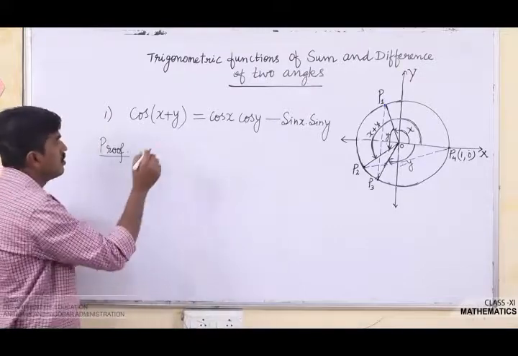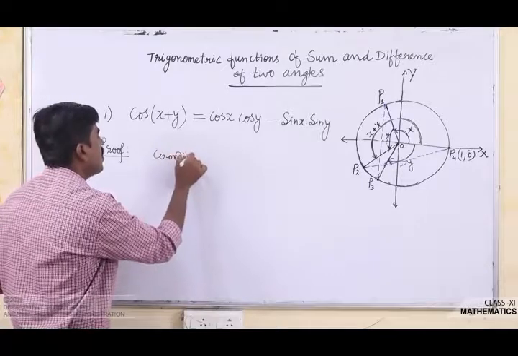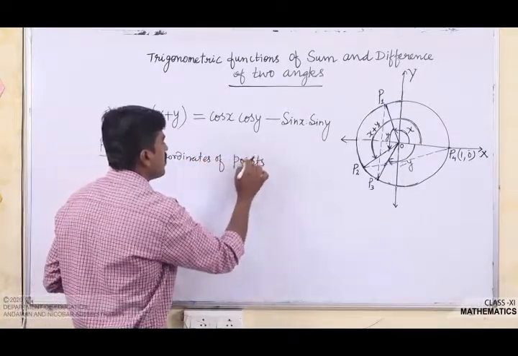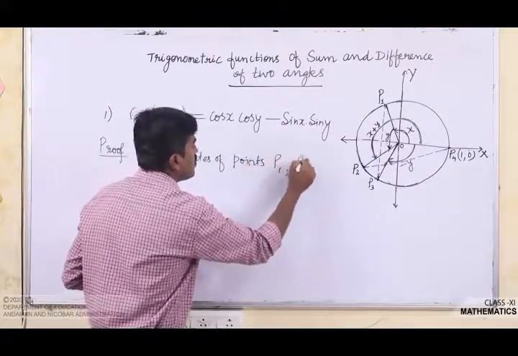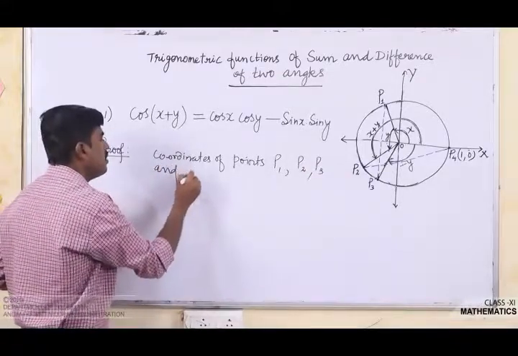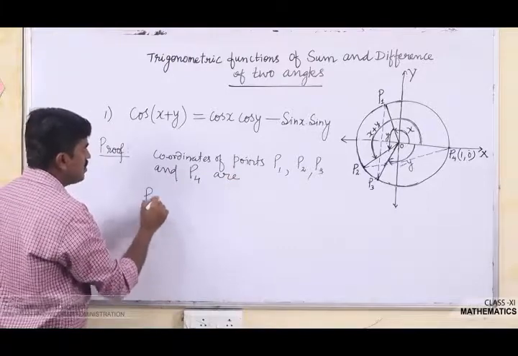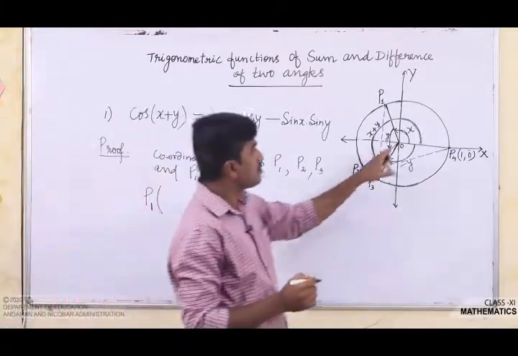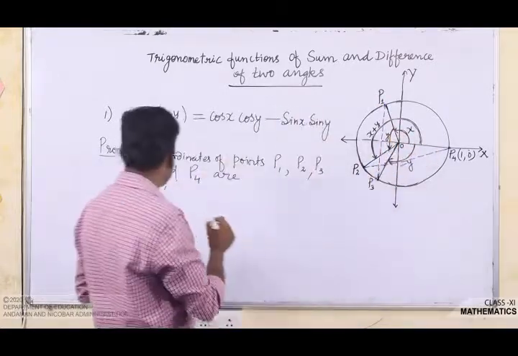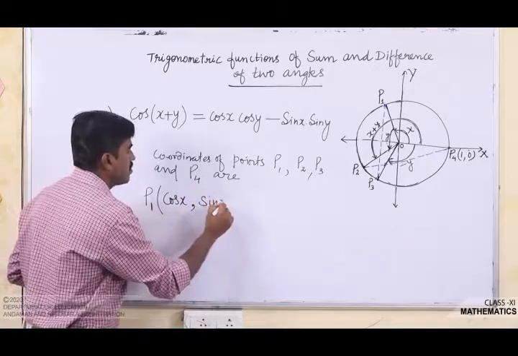It is a circle of radius 1 unit. So, the coordinates of points P1, P2, P3 and P4 are, what are the coordinates of P1? Because the angle P1OP4 is x, it can be taken as cos x comma sin x.